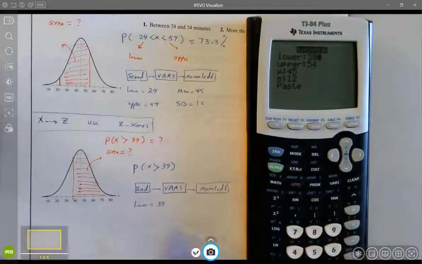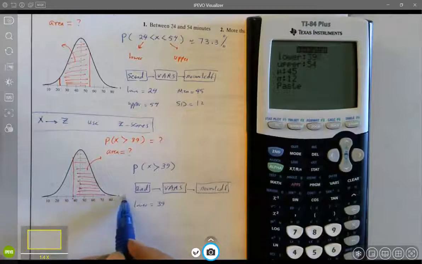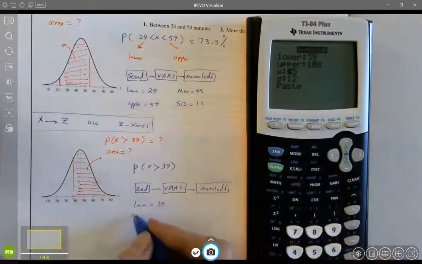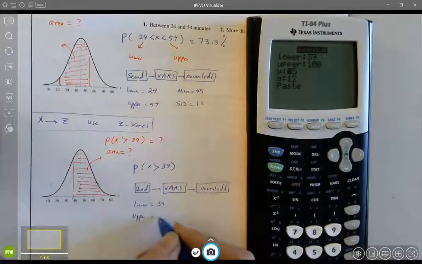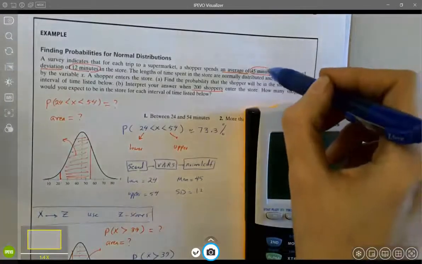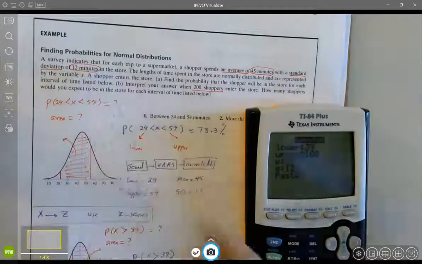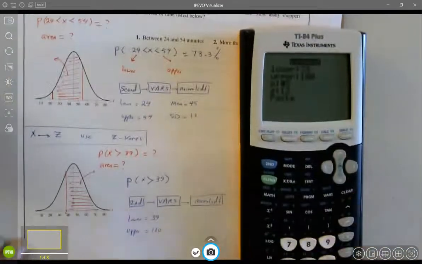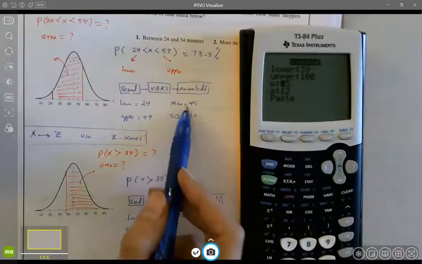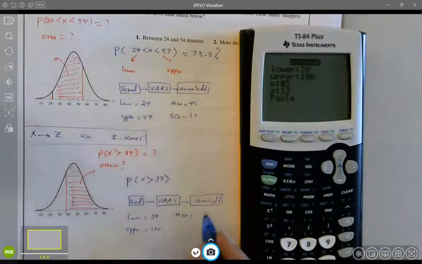Our upper bound goes to a positive number. You can use 100, 1,000, or a large positive number. What is the mean? Mean of the data is 45 minutes with standard deviation 12 minutes, the same mean and standard deviation that you used for the previous question.